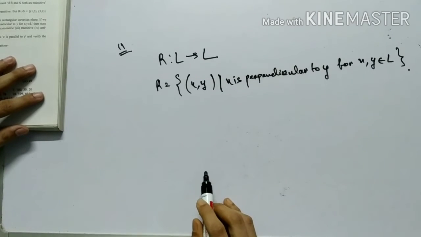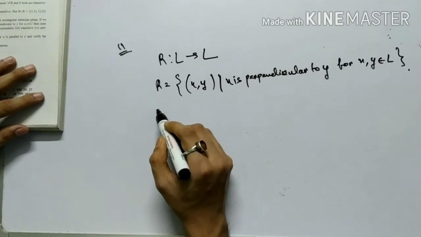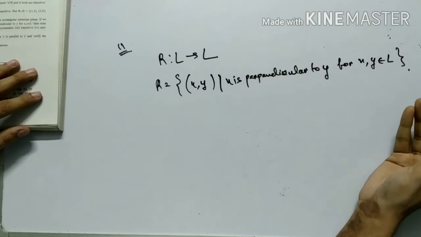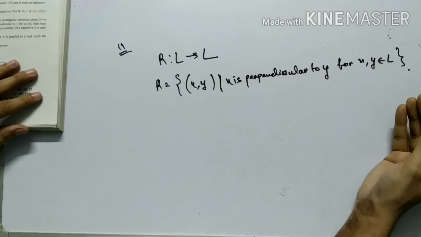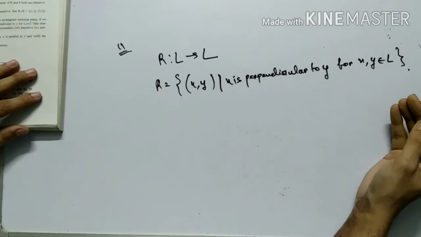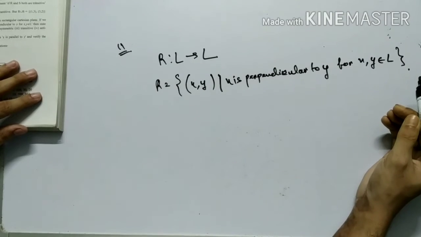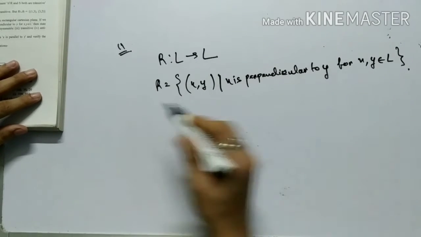Then state whether or not R is reflexive, symmetric, transitive, and anti-symmetric.